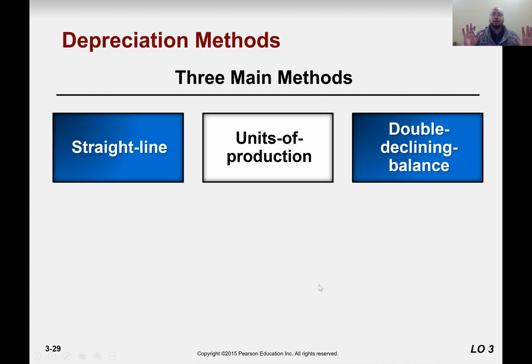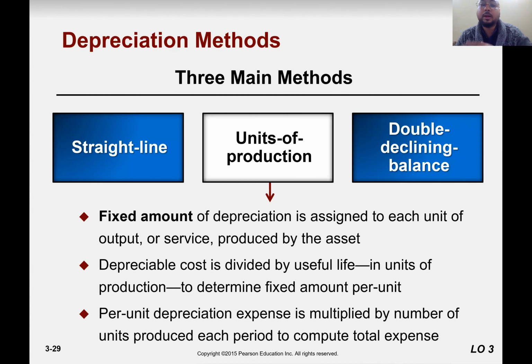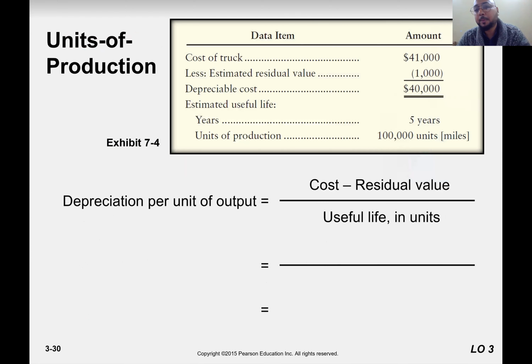So we have now learned the first method, straight line, and now the units of production method. In the units of production method, life is given in terms of units, or how much this asset will produce till the end of its life. Let's talk about the question here.